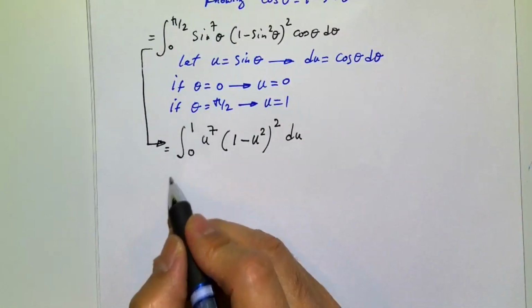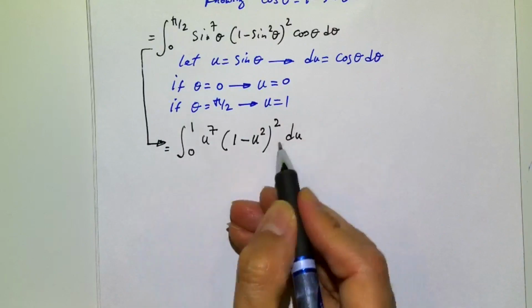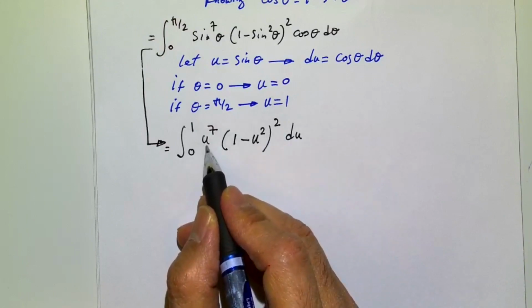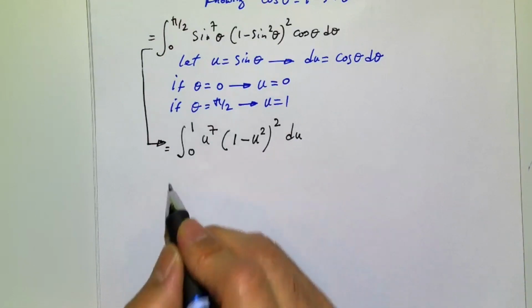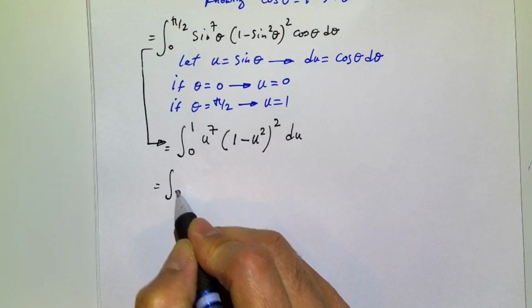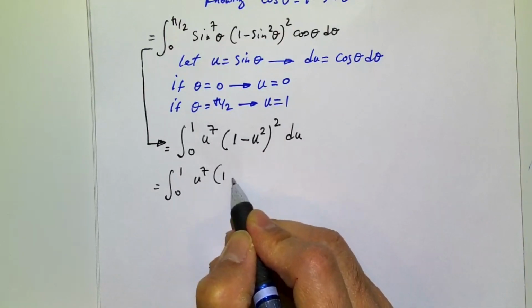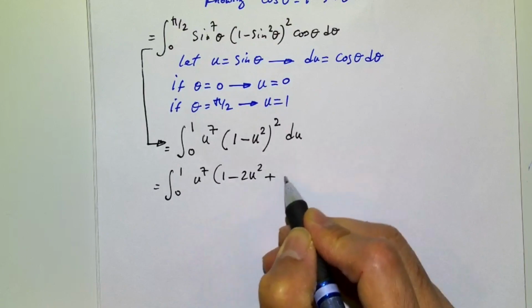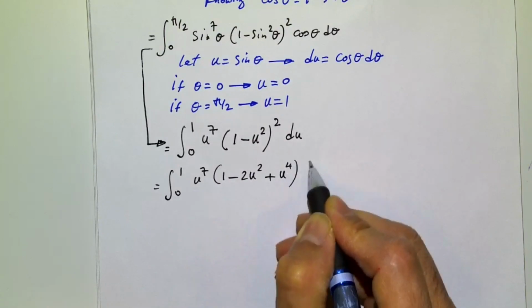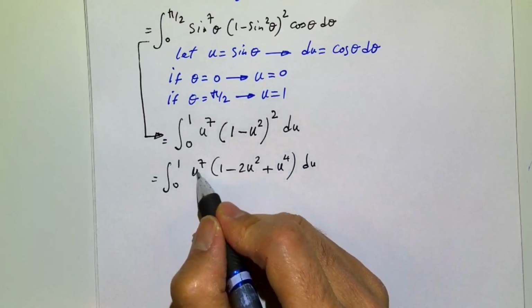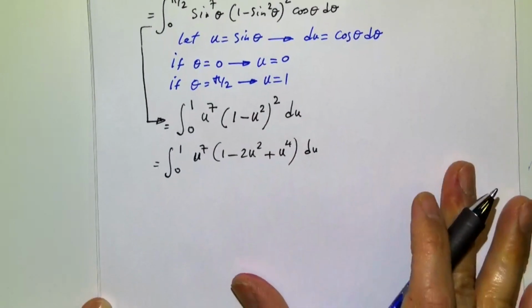Let's do that. First, let's expand this binomial and then distribute the u to the 7th power into it. So what we have is the integral from 0 to 1 of u to the 7th power times 1 minus 2u squared plus u to the 4th power, du. Now I'm going to distribute this.